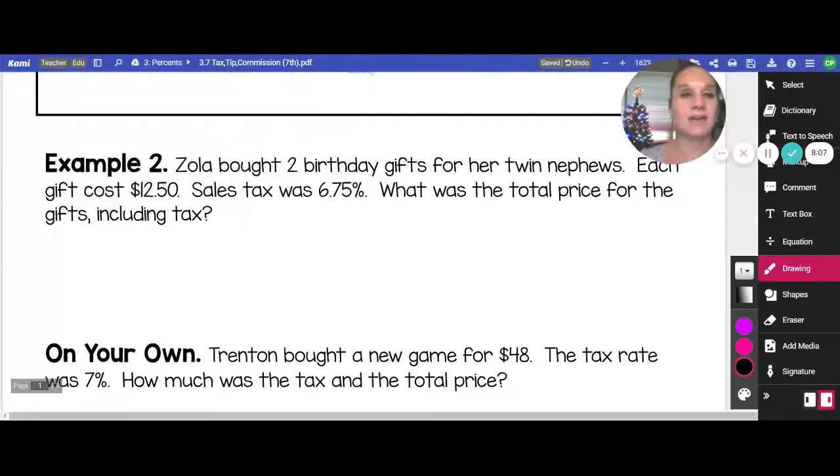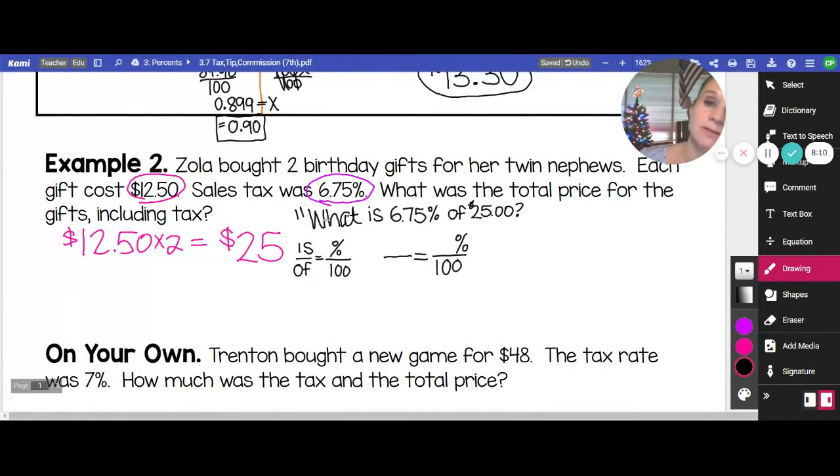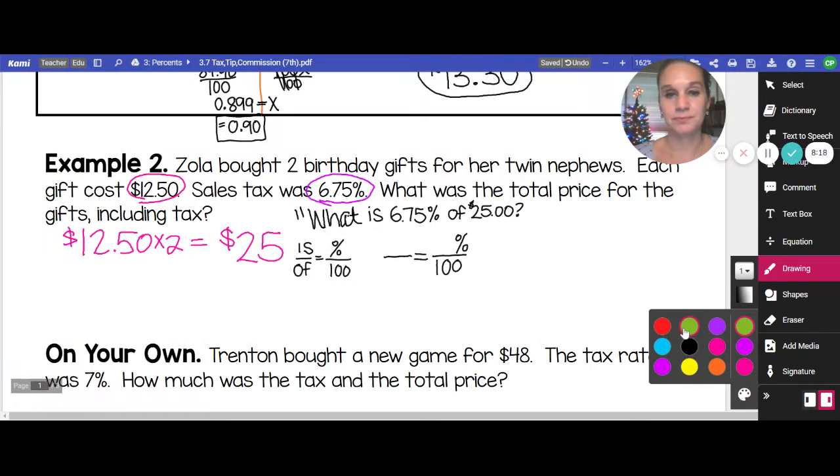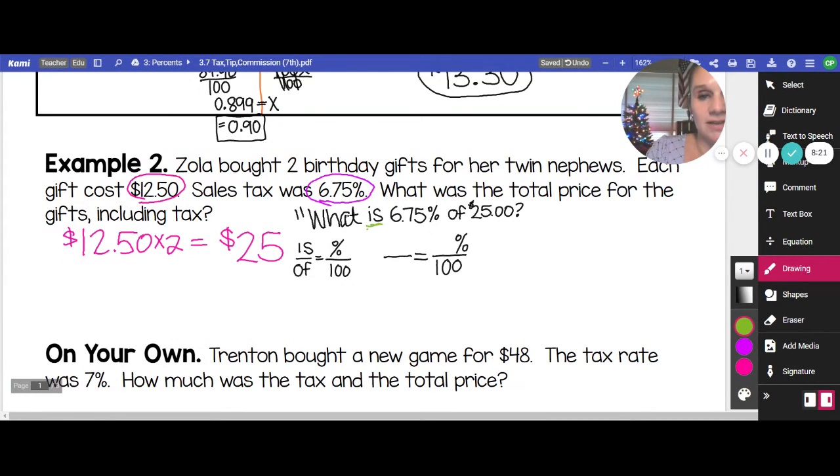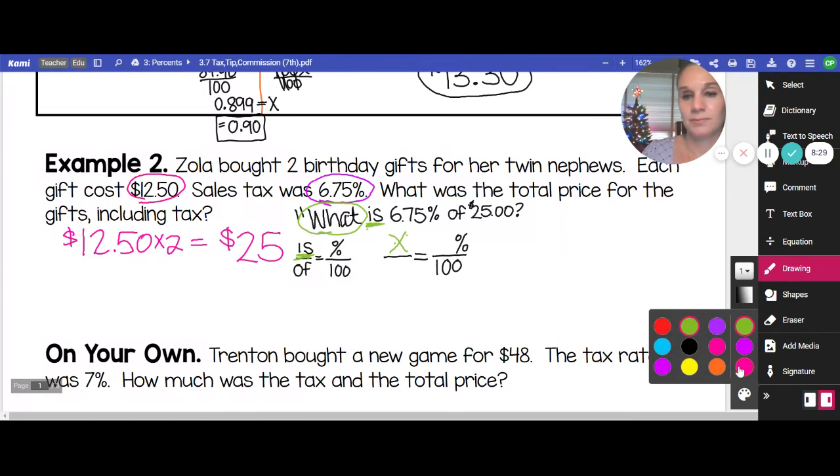So we said that each birthday gift was $12.50 times 2, and that gave us the $25. So when we say what is, there's our is, and our is in this situation is what. So we're going to call that X. Next, we've got 6.75%.